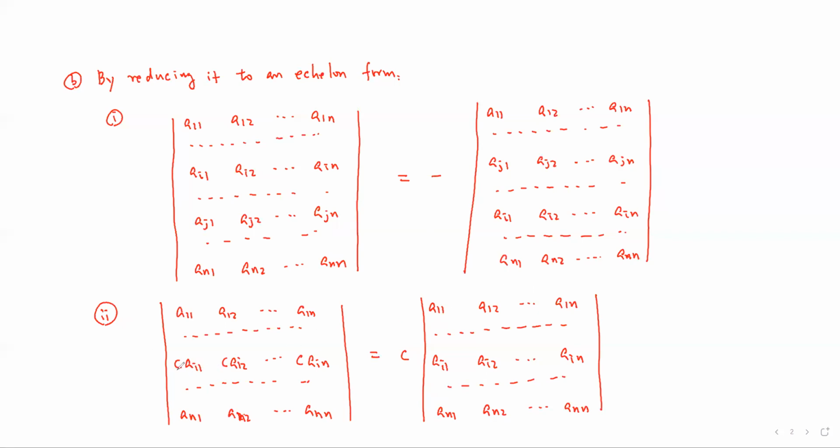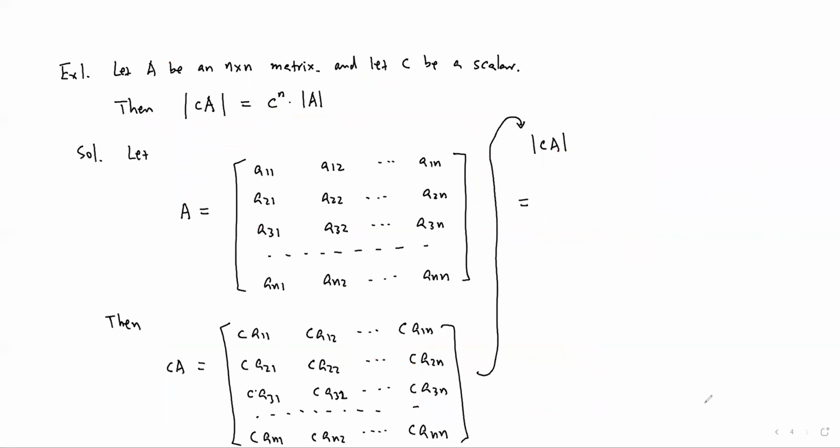This formula, C times a row, I can take out C. So by the formula, for the first row, I take out C. Then we get A11, A12, A1N. In this equation, I only take out the C in the first row.